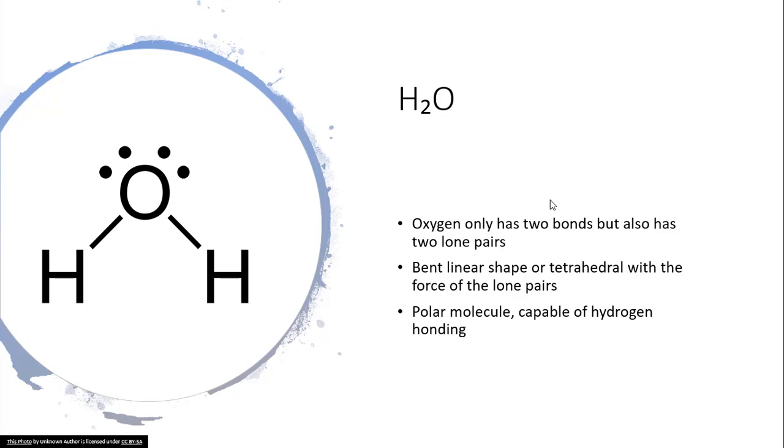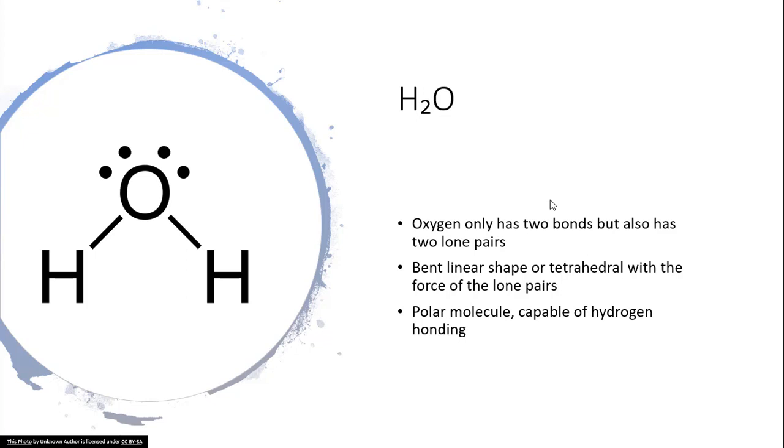Water, or H2O, is a good solvent. It has 2 hydrogens and 1 oxygen. The oxygen has 2 lone pairs. This is because oxygen, if you look at its group in the periodic table of elements, has 6 valence electrons. 2 of them are in the bonds to hydrogen here, and the rest are in the lone pairs. This gives it a bent shape, or otherwise a tetrahedral shape, because the lone pairs also act as pseudobonds.